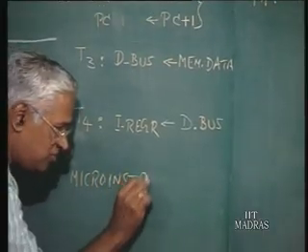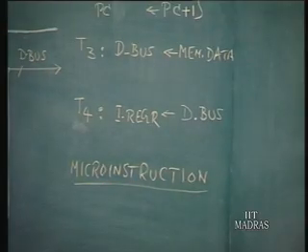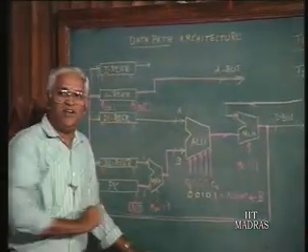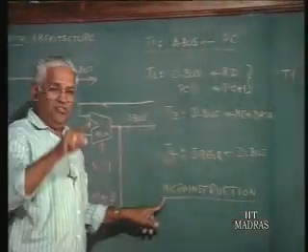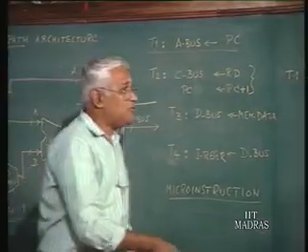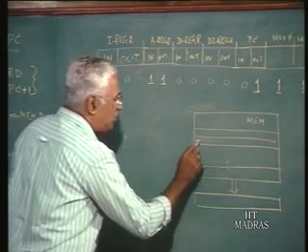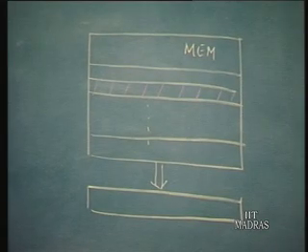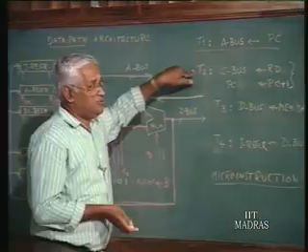Now we are seeing specifically the micro instruction is nothing but something which sets the data path. Now for each instruction the set of micro instructions must be executed. And each micro instruction is going to set the data path and tell what the CPU must do in that particular state. Take any state, that particular state.